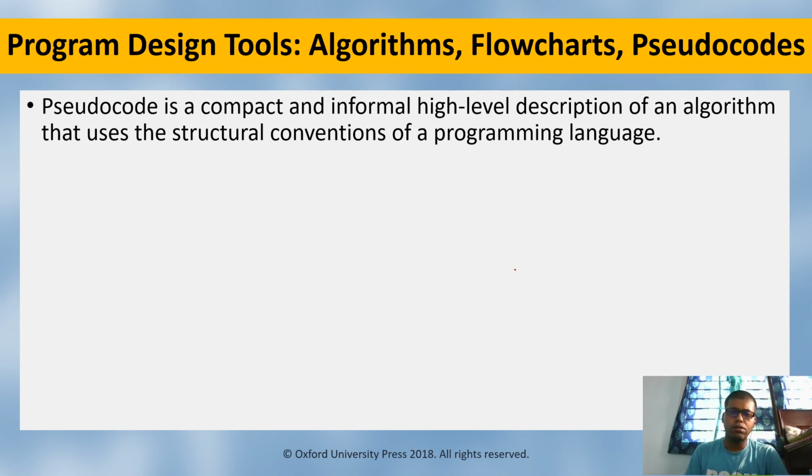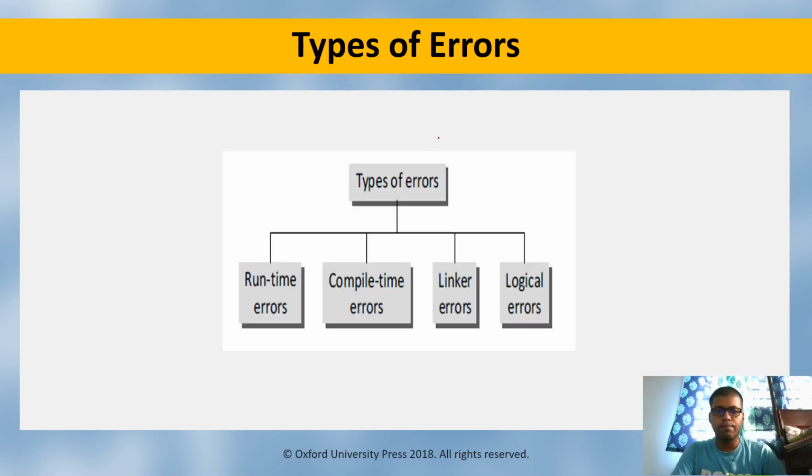It is not like a flowchart, and it is also not an algorithm, but it is quite a high-level description of that algorithm. We use the structural conventions of any programming language.